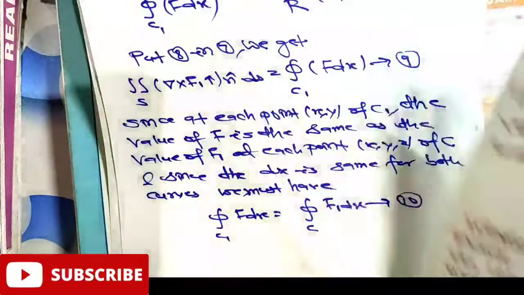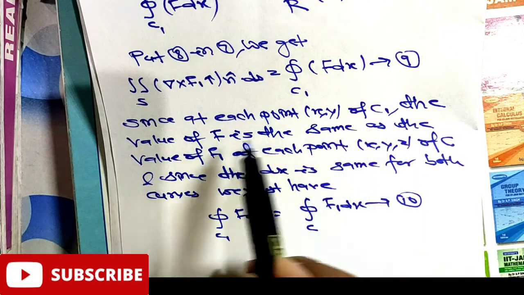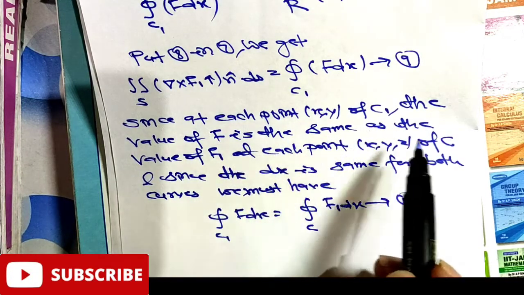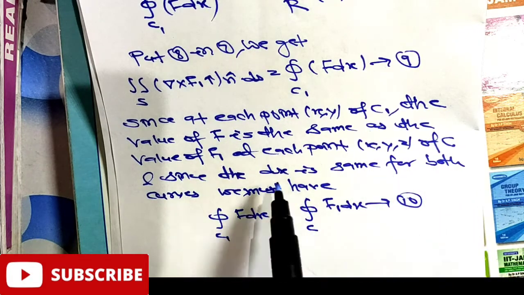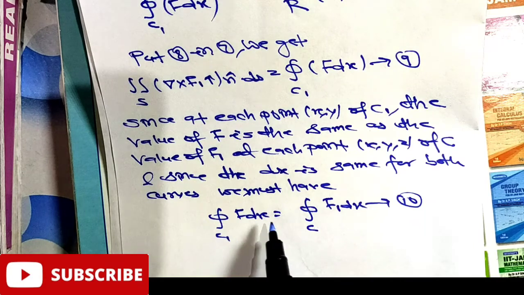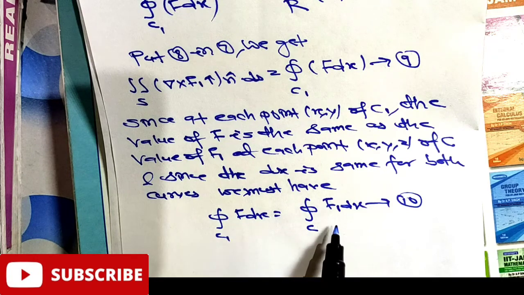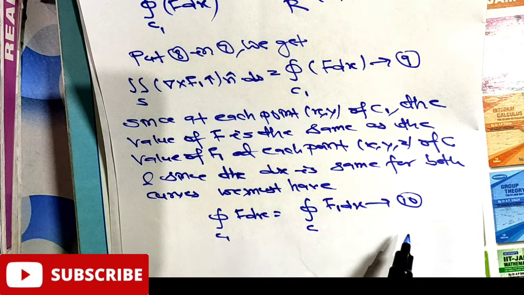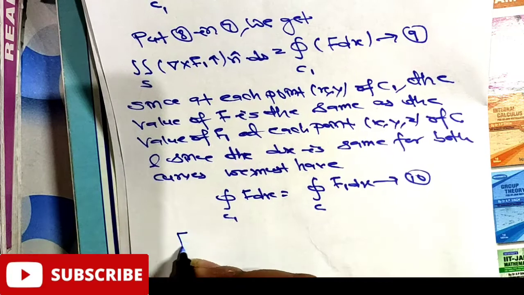I have written this simply: if we take any point x, y at C1, the value of capital F is the same as the value of f1 at each point x, y, z of curve C, and dx is the same for both curves. We must have the integral of f dx equal to the integral of f1 dx. So both line integrals are the same, because the value of f and f1 is the same for both curves, and these curves are the same because both are projections of each other.